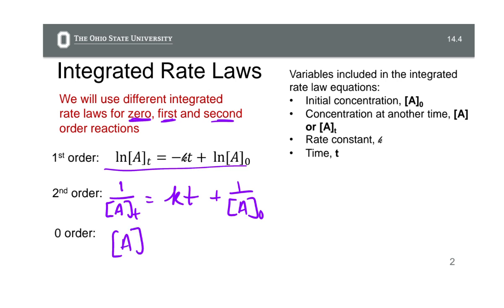It's [A] sub t equals minus k times t plus [A] sub 0.